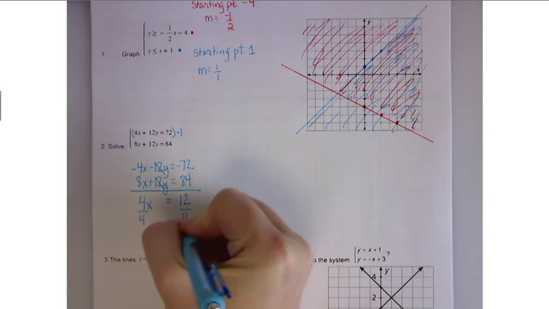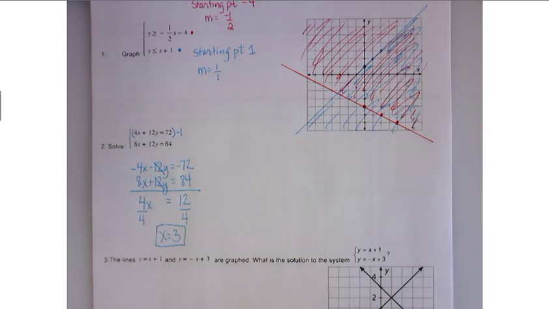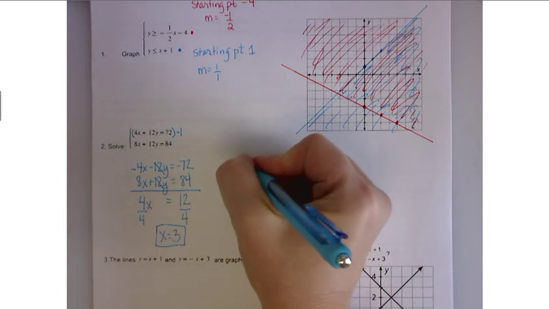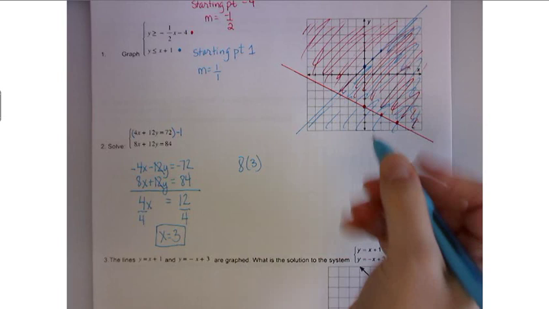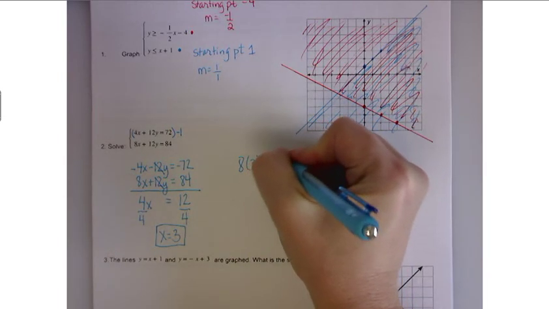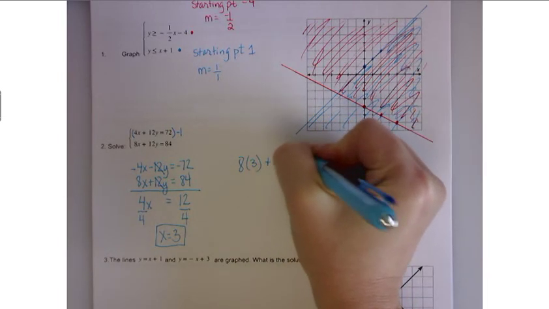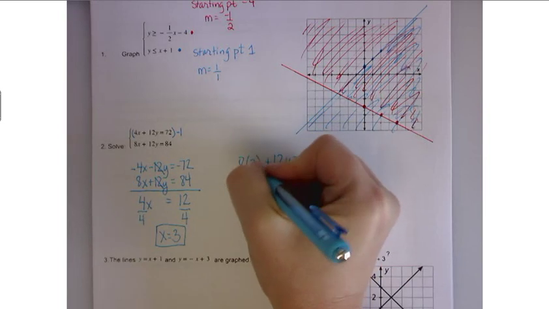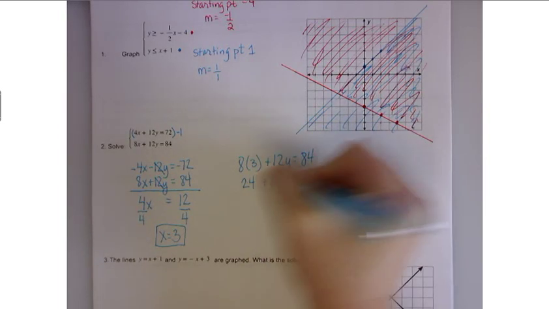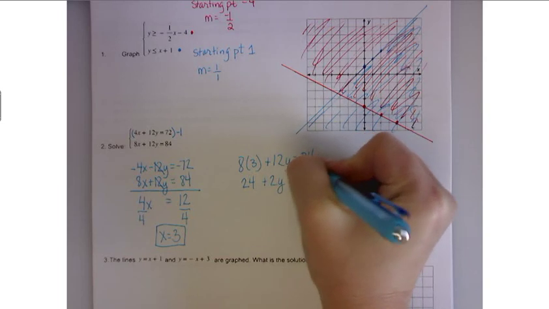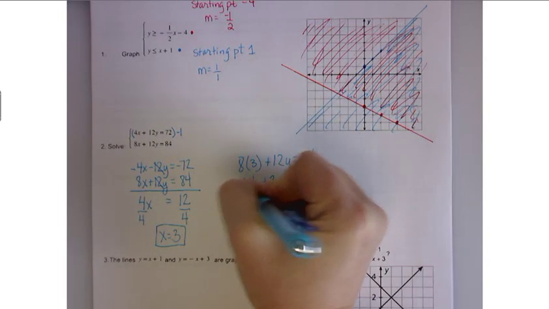That's half my answer. I still need my y. I'm going to take the second one. No reason, just am. 8 times 3, because that's my x, plus 12y equals 84. 8 times 3 is 24, plus 12y equals 84. I'm going to subtract that 24.